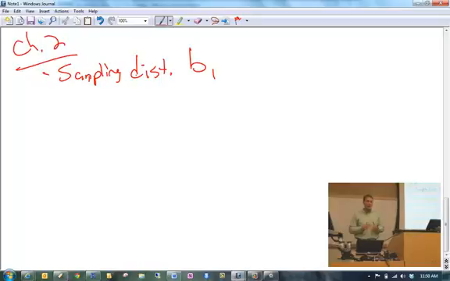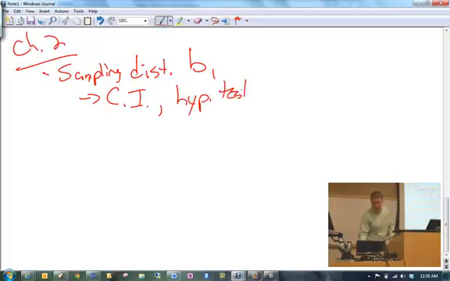So understand what the sampling distribution of B1 is, then obviously understand confidence intervals and hypothesis tests associated with this. In particular, doing a test of beta 1 equal to 0 versus not equal to 0. And why is that important? Why is that particular value of beta 1 important?